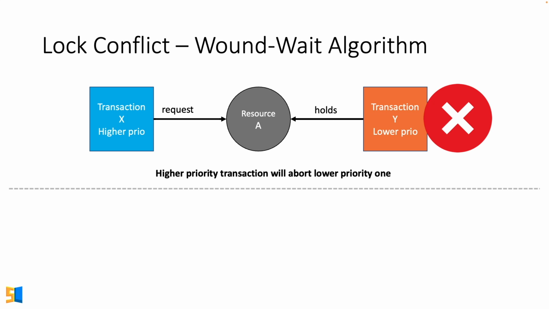The priority in Spanner is determined by the timestamp of the transaction. The older transactions will have a higher priority compared with the newer or younger transactions.